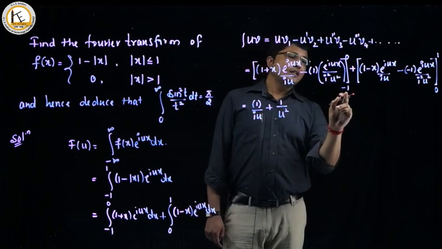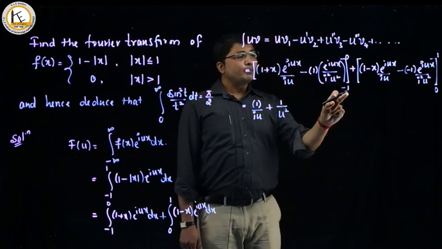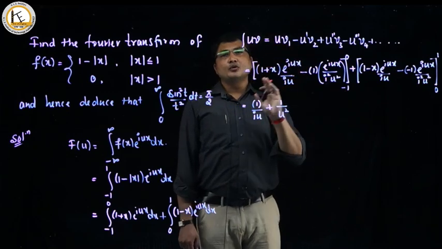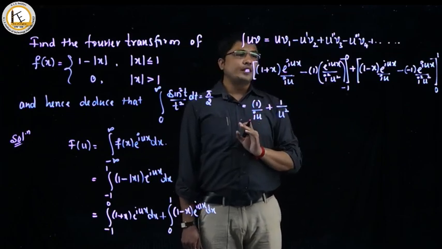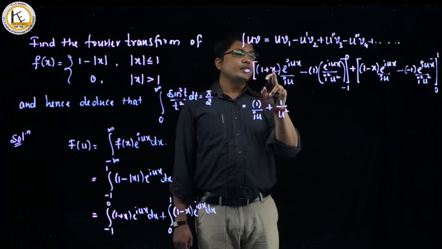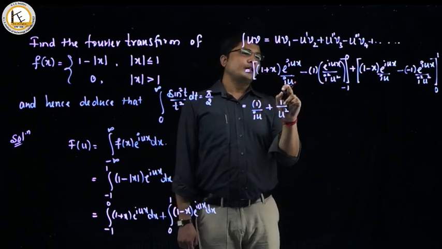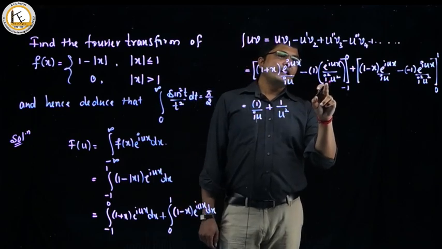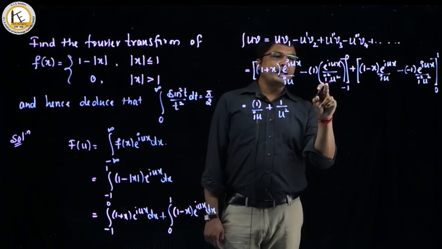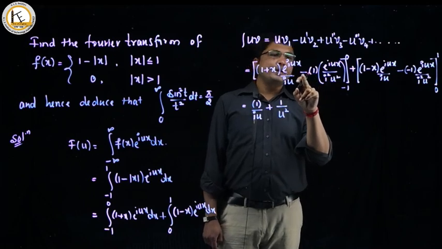Now applying the lower limit, while applying the lower limit, definitely we are going to take a minus, we will multiply every term by minus. So 1 minus 1 will be 0, 0 into anything will be 0 here. And since here we are having i square, which is nothing but minus 1, minus into minus becomes plus here.